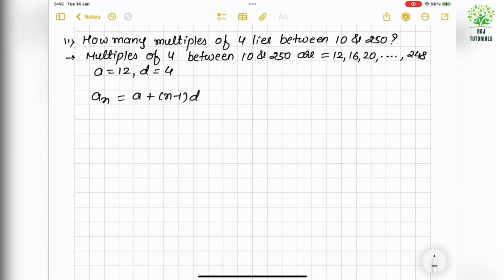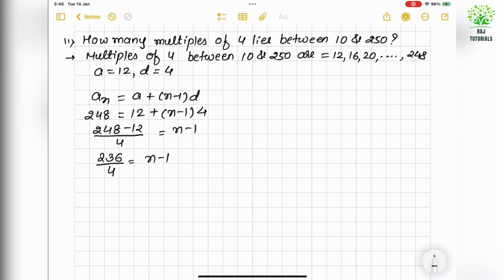Now an is 248 equals a, 12, plus n I don't know, and d is 4. So 248 minus 12 upon 4 will be equal to n minus 1. So 236 by 4 equals n minus 1. So 59 equals n minus 1. So n equals 60 terms. Therefore, I can say multiples of 4 between 10 and 250 are 60.